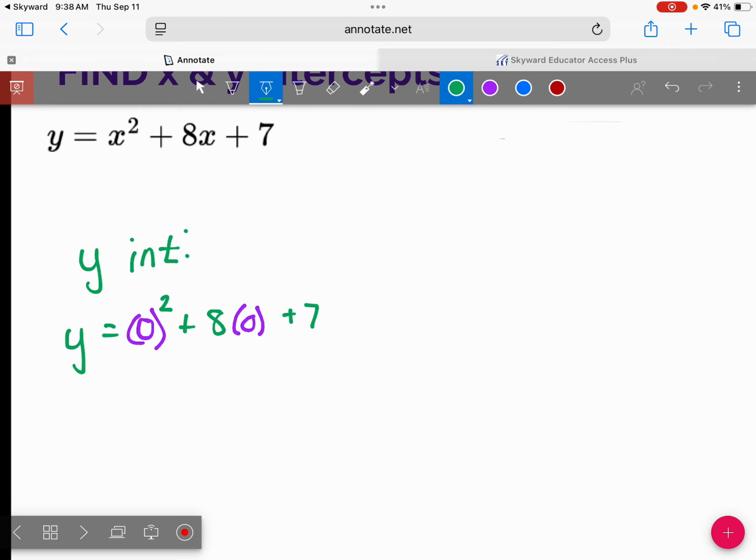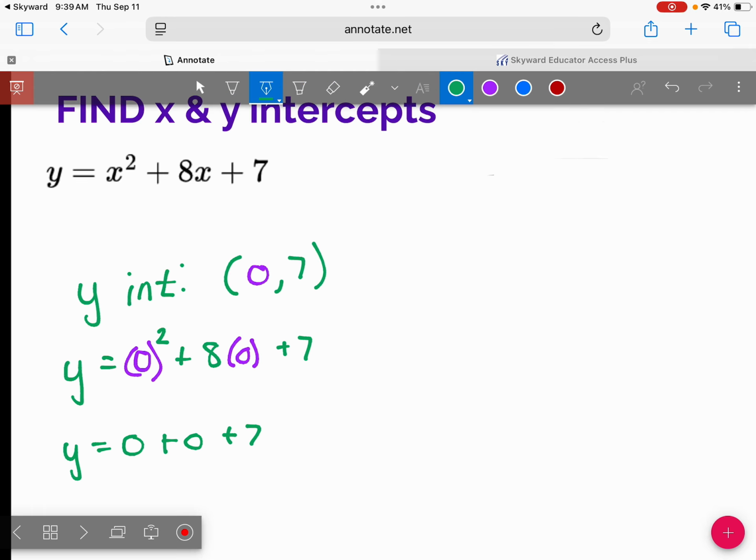So what's our y-intercept? 7, because this is the same thing as 0 plus 0 plus 7. So our y-intercept is going to happen at the point (0, 7). And in fact, for quadratics, it'll always be your c value over here.